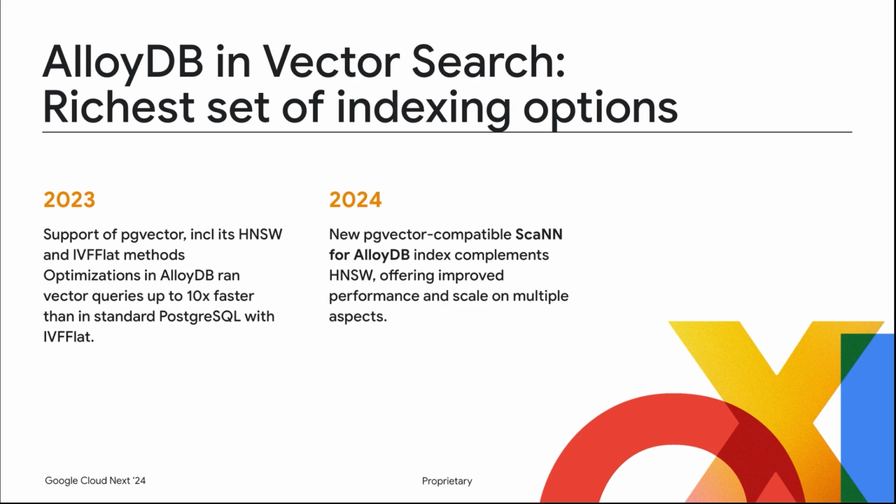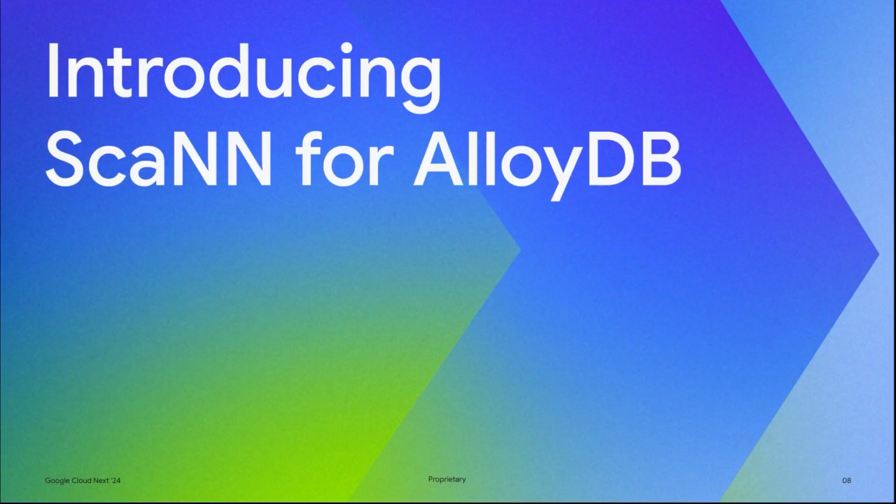This year, we continue with our commitment to pgvector, but now we also launched the pgvector compatible Scan for AlloyDB index that is complementing HNSW by creating superior performance and scale on multiple aspects that we will discuss later in this talk.